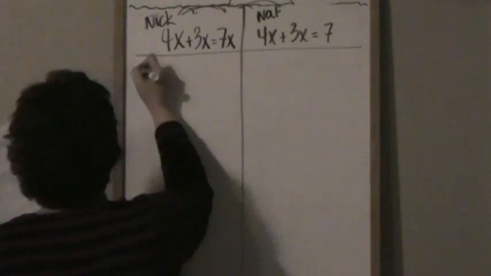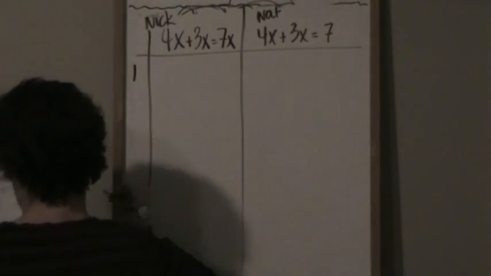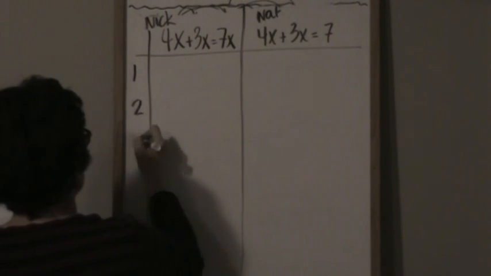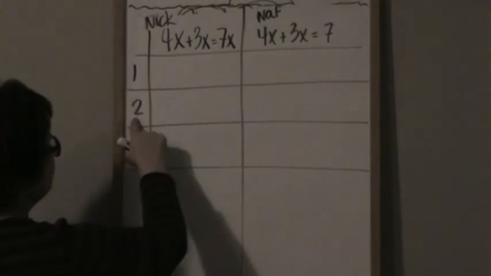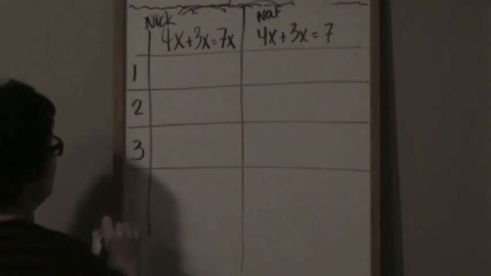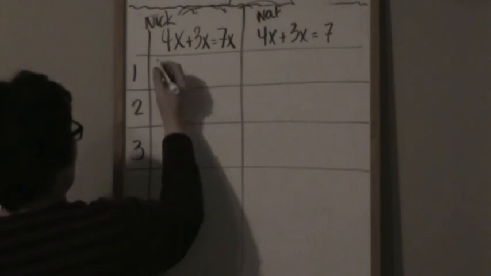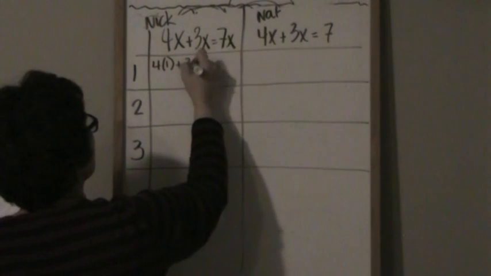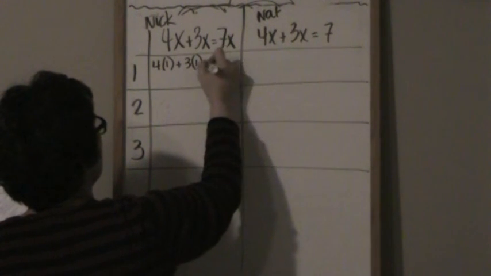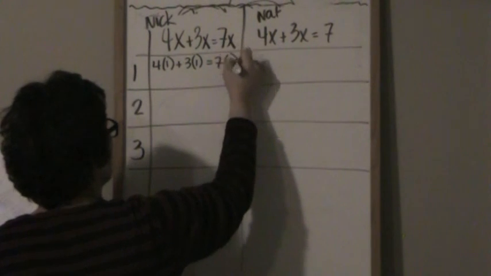Basically, the numbers over here are 1, 2, and 3. So that means we're going to substitute a 1 in for x, and then a 2 for x, and then a 3 for x, okay? So 4 times 1 plus 3 times 1 equals 7 times 1.